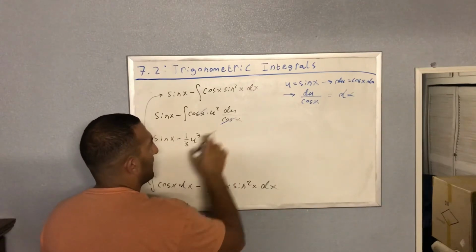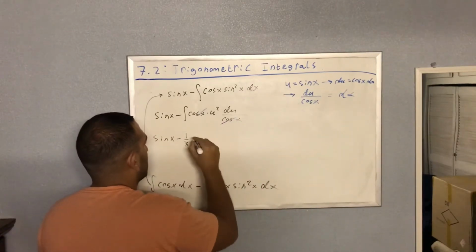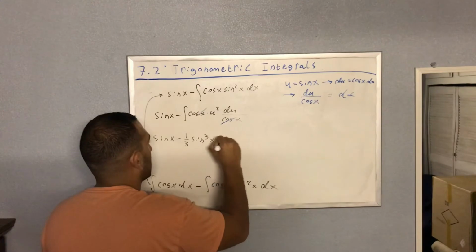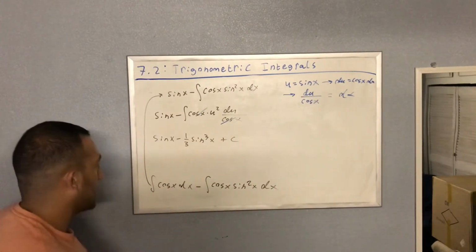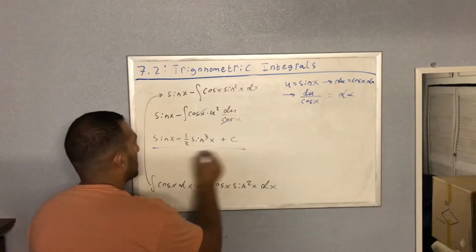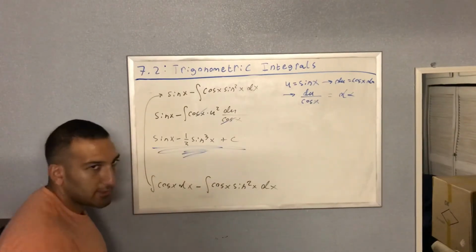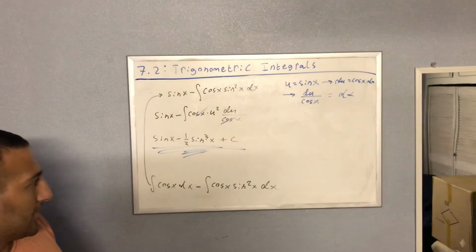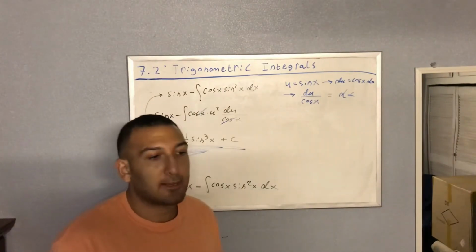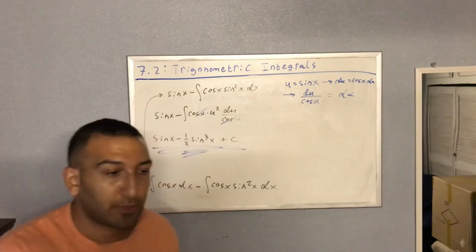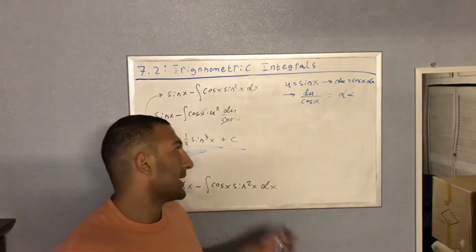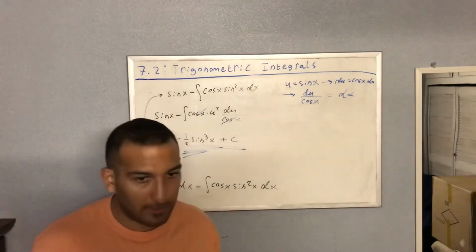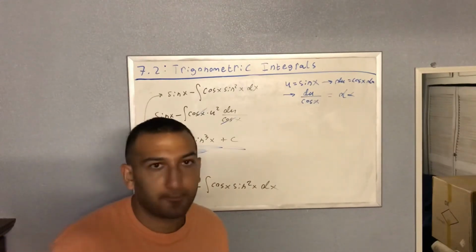But what is u? It was sine. So this will be sine cubed x, and then plus c. So that's the value of our integral. The original integral we started with is this. And so you can see that the key here was to first use some trigonometric identity that we've known, namely the Pythagorean identity, sine squared plus cosine squared equals 1. And we'll use the other ones as well here in a second.